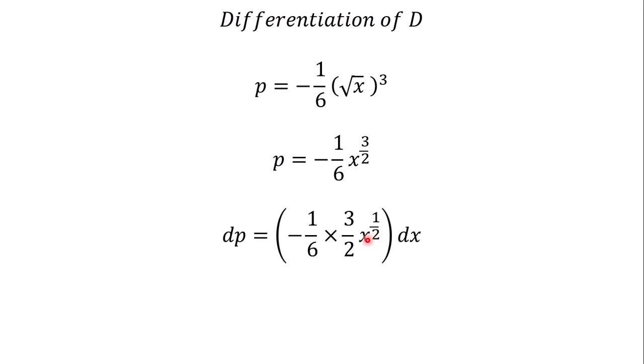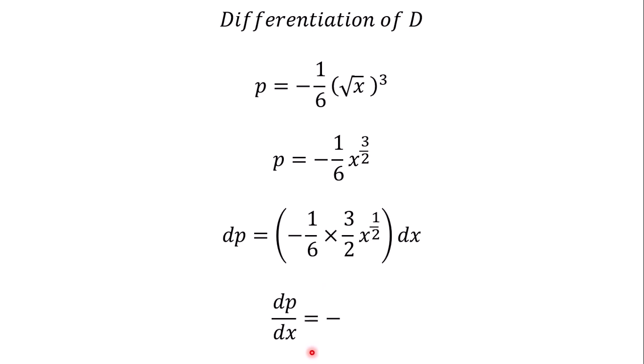So here, this one will come down, and then we decrease the power by 1, that is 3 over 2 minus 1 is going to give us what? Half here. So here, this one will cancel out with this one to give us 2. And then that is going to give us 1 over 4 times x raised to the power half dx.